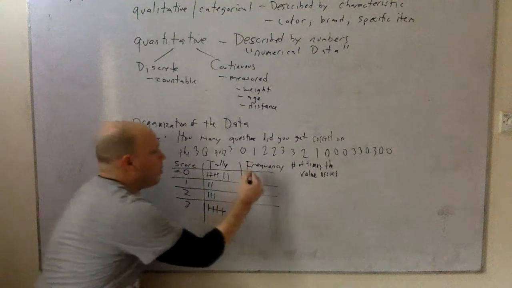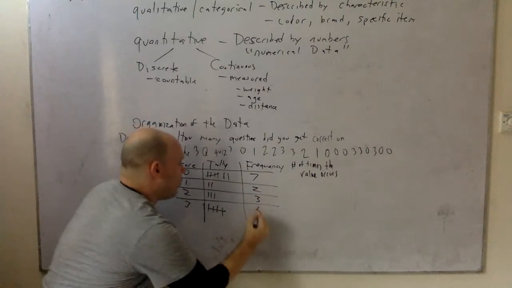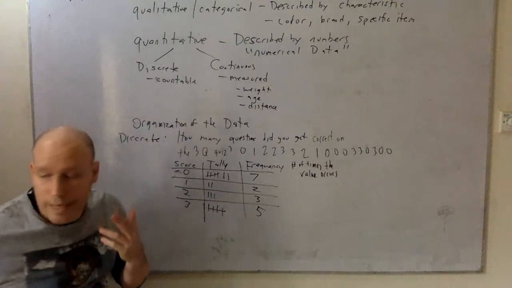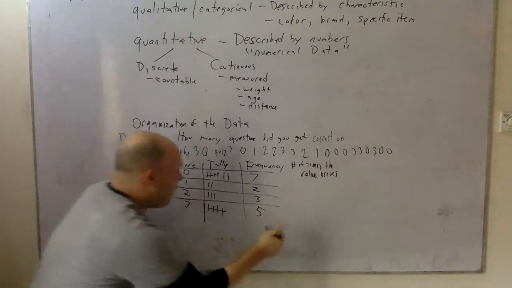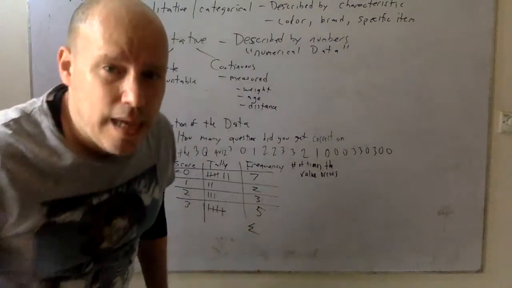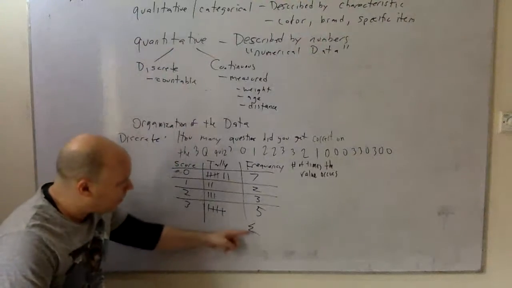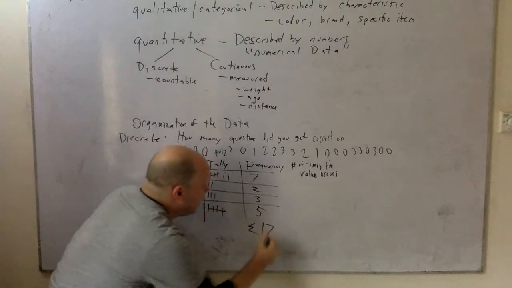So here's 7, here's 2, here's 3, and here's 5. First of all, how many data points were there? This symbol we learned in the series and sequences unit means the sum. So we add these up, and we have 17.